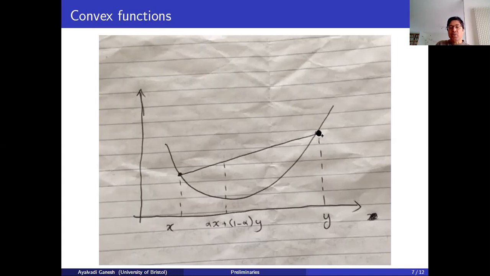So I've picked these 2 points on the graph of the function. I draw the line segment joining them. Then that line segment lies on or above this function. Okay, so that's what it means for a function to be convex.